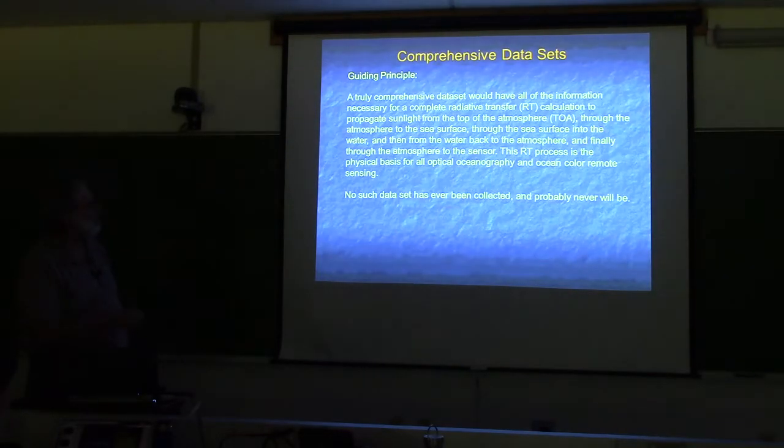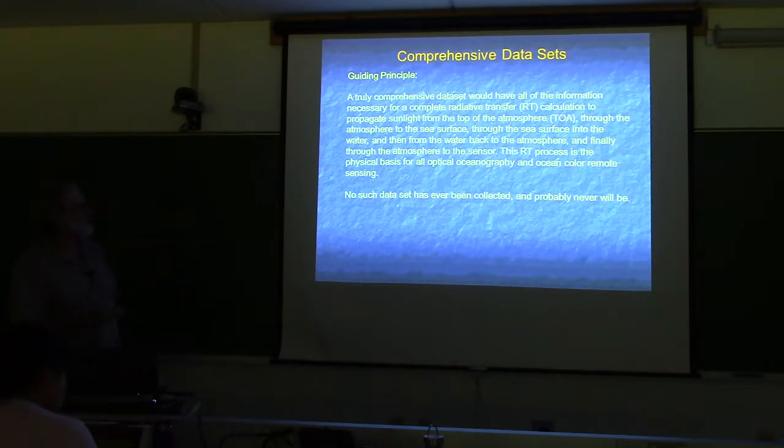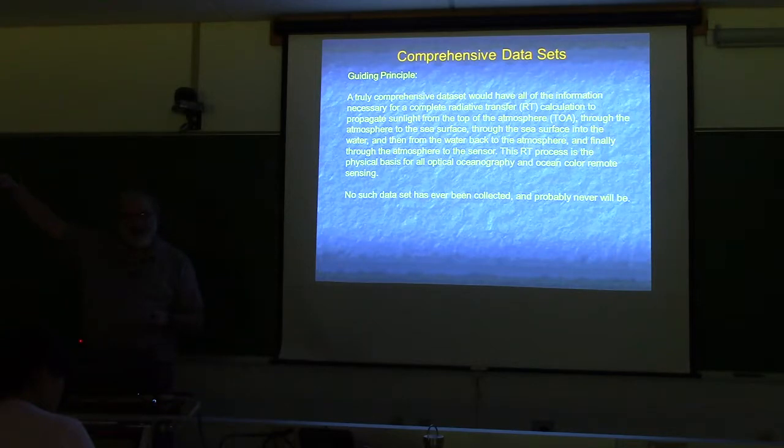I'll just comment that people are always saying, boy, I wish I had a really comprehensive data set, then I could validate my model. But, oh, we didn't measure this. Well, my view is a comprehensive data set would include all the information you need to do a radiative transfer calculation that would propagate light from the top of the atmosphere, through the atmosphere, into the water, and finally back through the atmosphere to your satellite.